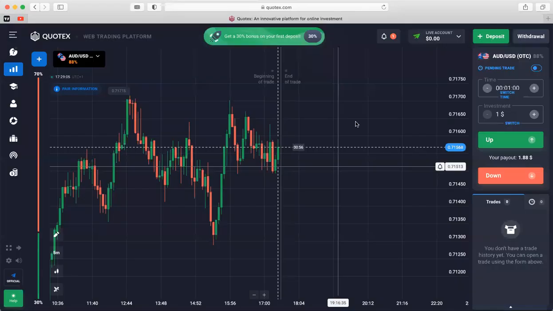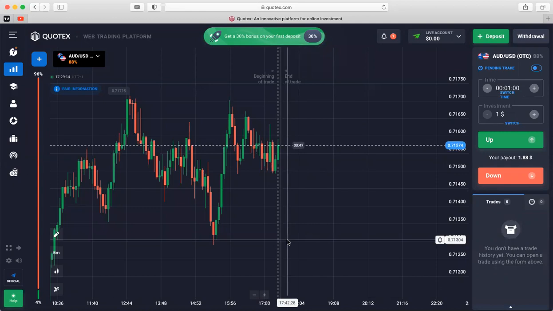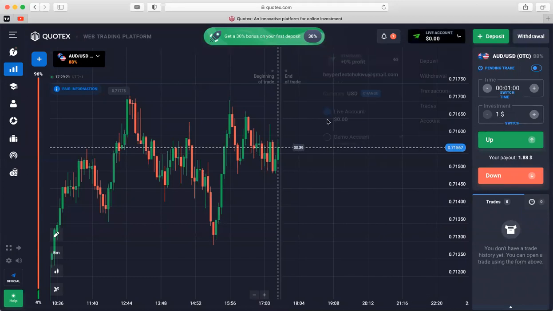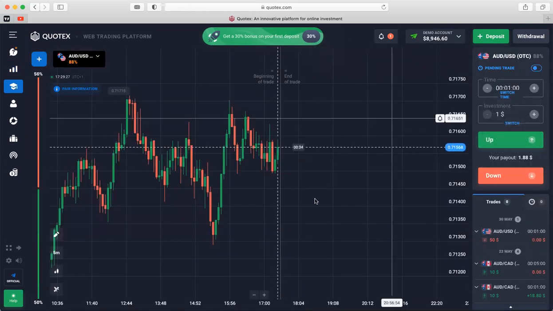And if it actually goes your way, what will you get? Because you staked $1, you're to get a percentage according to your investment. Okay, I'm trying to simplify it. So $1, 1 minute.